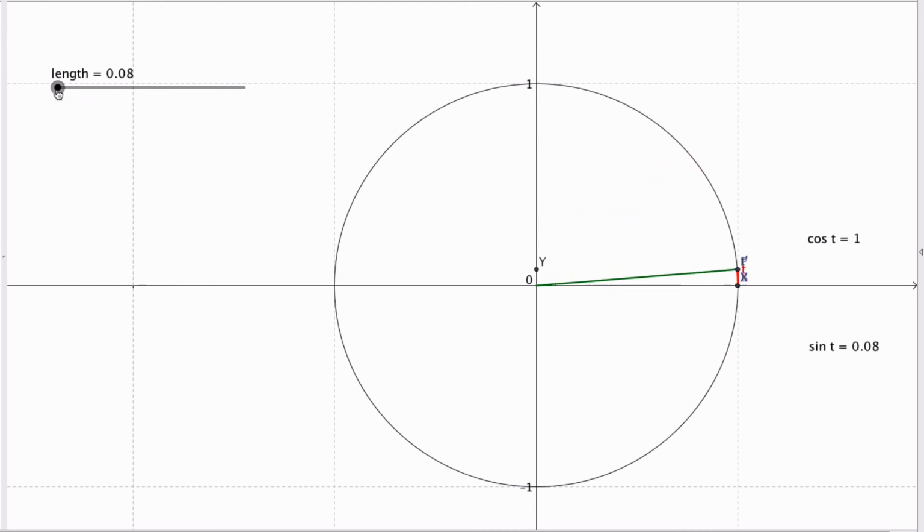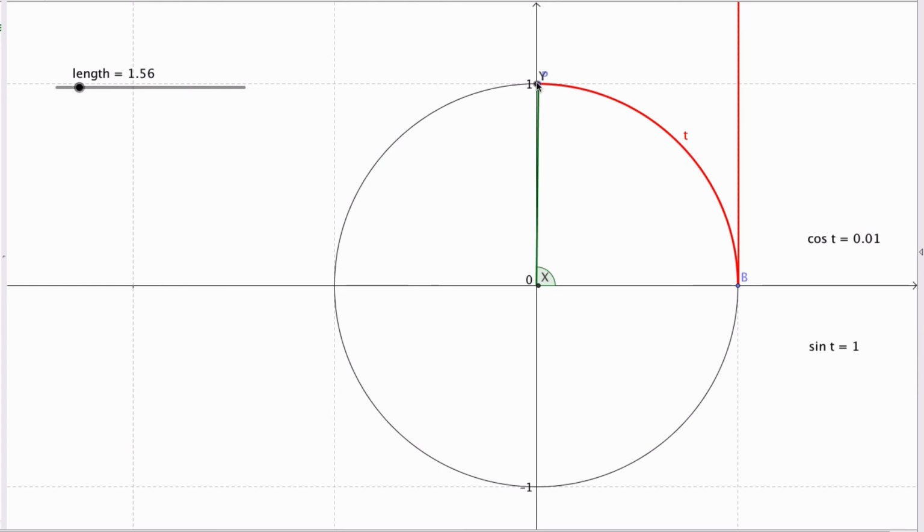Let's go back to 0 and check that out. As we go up, the x-coordinate is getting smaller, but it's still positive. And so is the sine. The x are all along here, the sine are all along here, both are positive. So in the first quadrant, sine and cosine of t are both positive.